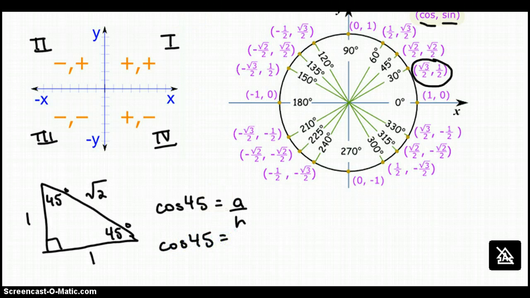We have to label our sides. So from 45, I'm going to use this angle here. Doesn't really matter which one you use, they are both 45. My adjacent is my 1. My opposite is also 1, and my hypotenuse is square root of 2. So my adjacent will be 1 over my hypotenuse, which is square root of 2.